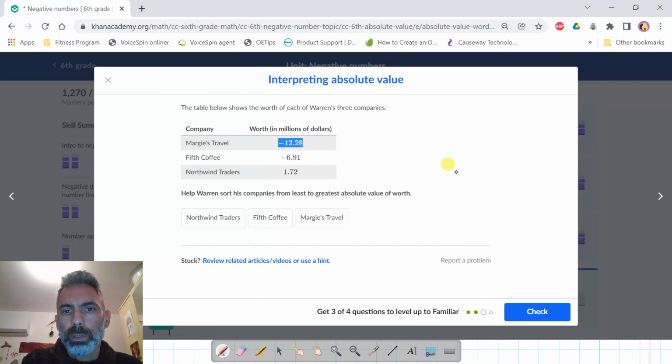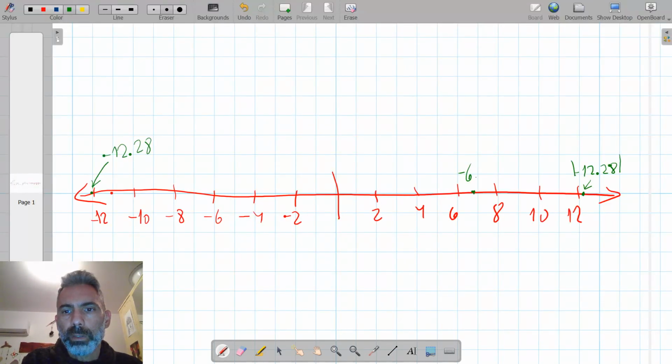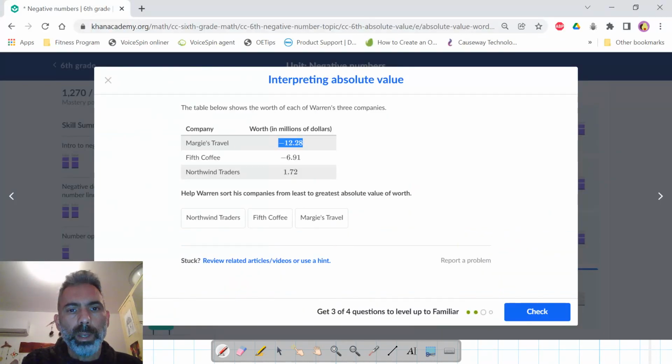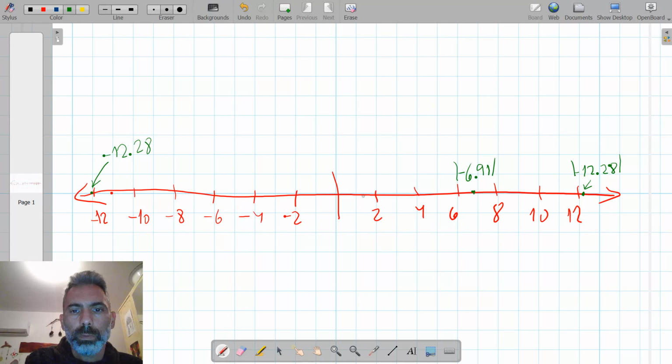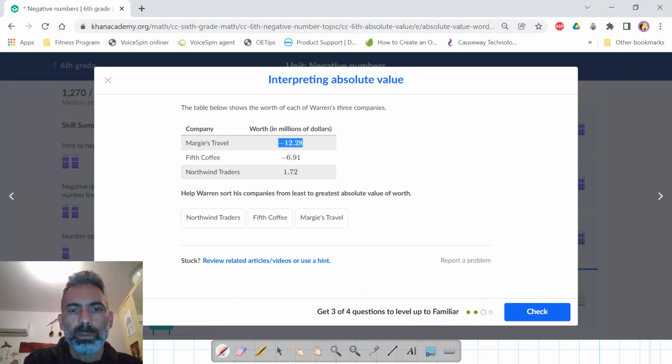So negative 6.91 absolute value is here, and 1.72 is about here. Okay, so this is also the absolute value of 1.72, and we want to sort them according to the absolute value.